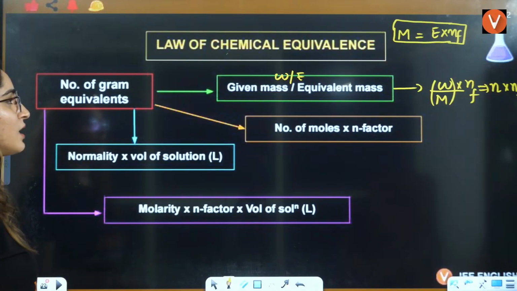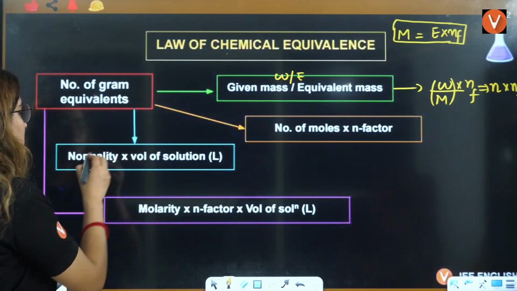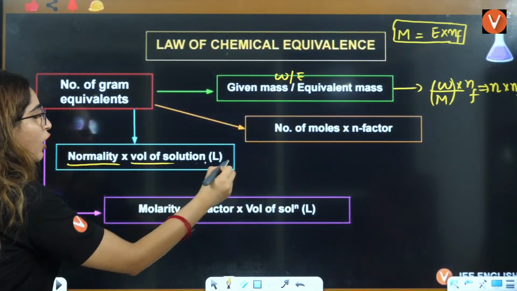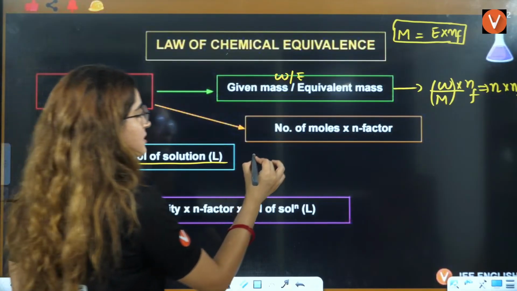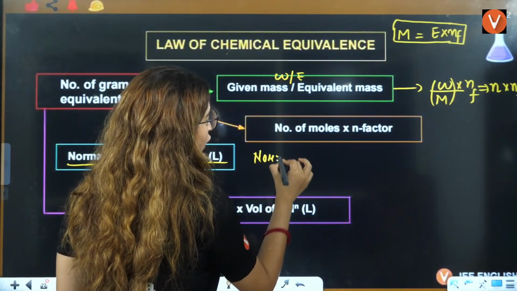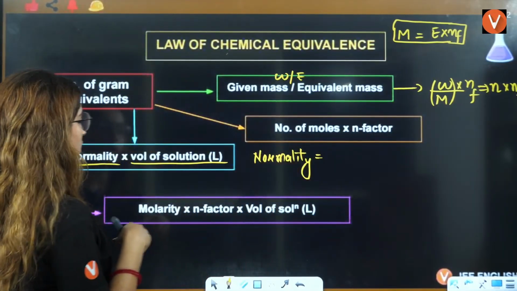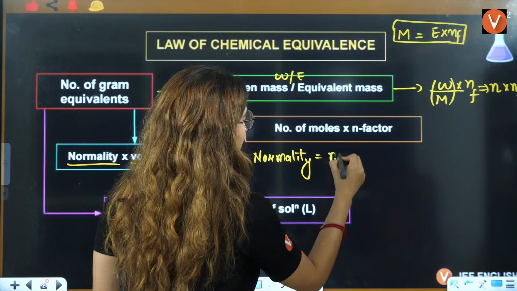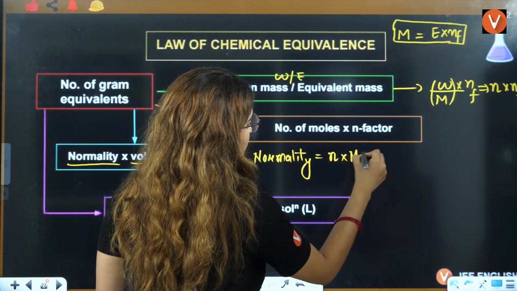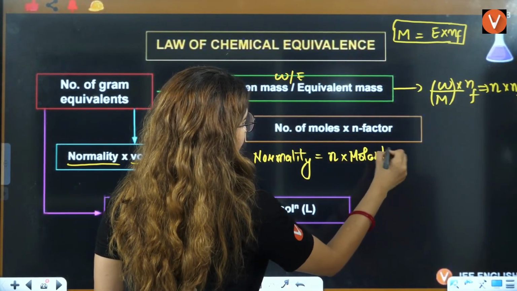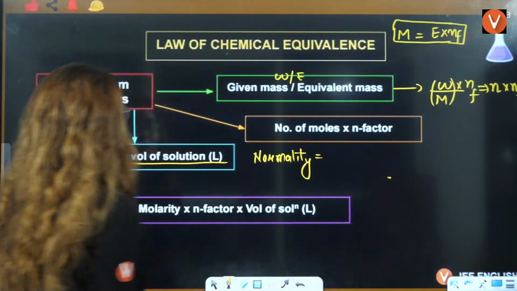Third is, if you solve it like this, number of gram equivalents is equal to volume of solution. See, simple thing is, normality is equal to n factor into molarity.